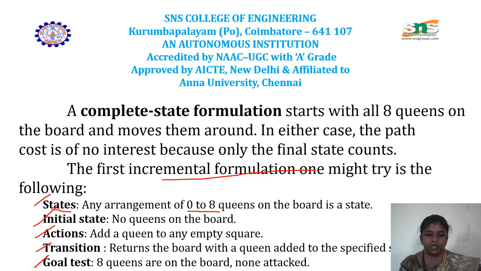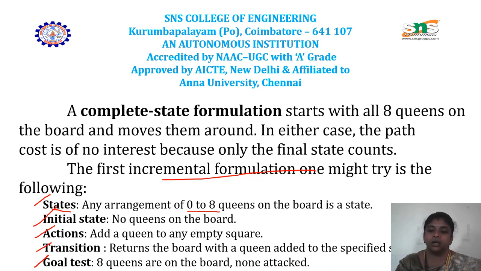Initial state: no queens on the board. Actions: add a queen to an empty square. Transition: returns the board with the queen added to the specified square.